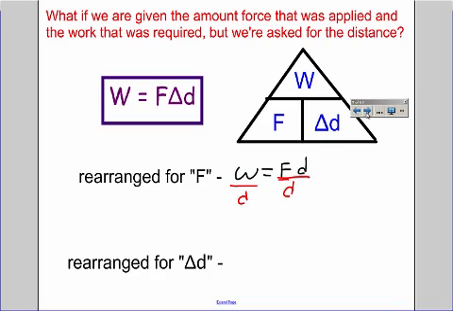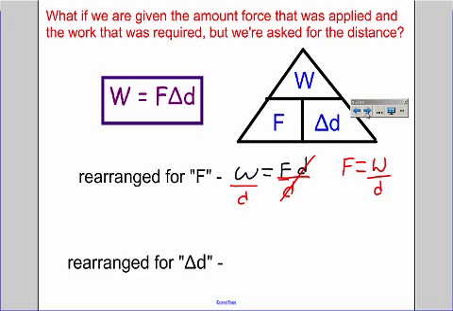Okay, if I multiply something by a number and I divide it by a number, they cancel each other out. Okay, so what happens is we end up with force by itself on one side, and that's going to equal work divided by distance. So all we did was we rearranged this equation to solve for force instead. It's the exact same equation, we just changed it.